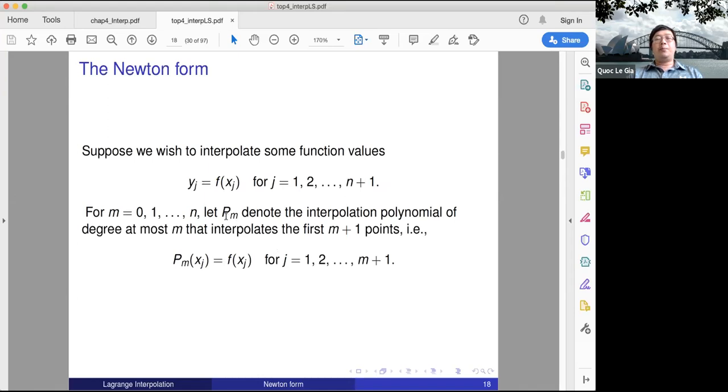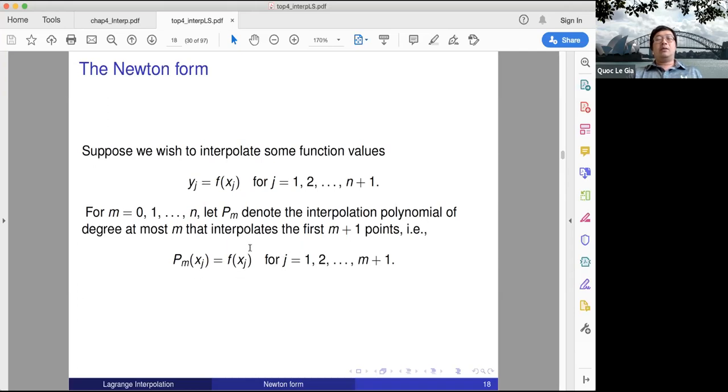So now suppose Pm, okay, is the polynomial of degree m, and that it interpolates the first n plus 1 points. Okay, so suppose you have n plus 1, but now n plus 1 could be a million. And now you start with m equal 1, 2, or 3. You construct upwards, yeah?